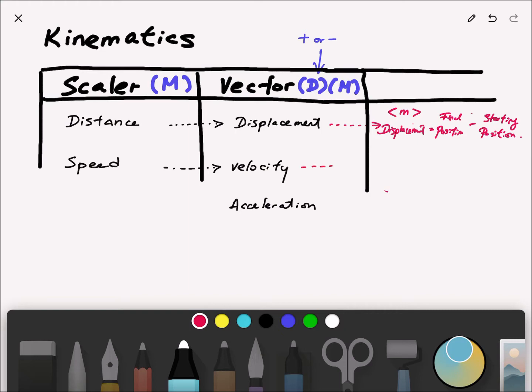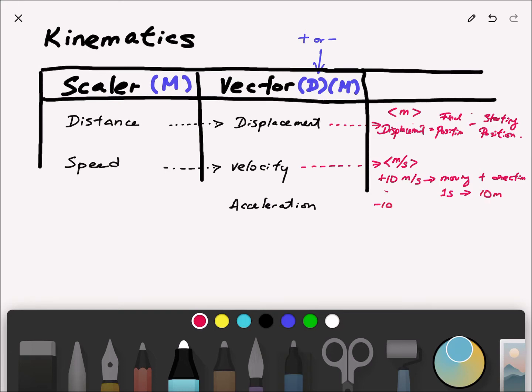Now velocity is quite similar to your speed. It is also measured in meters per second. For example, if I have the term positive 10 meters per second, what it means is that it is moving in the positive direction, and basically every 1 second I will move in the positive direction by 10 meters.